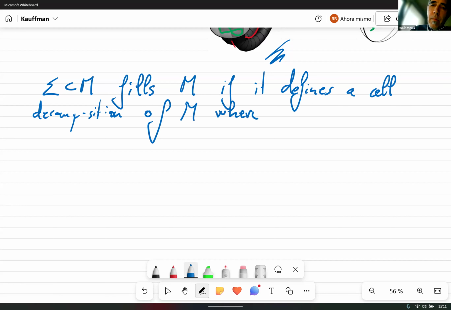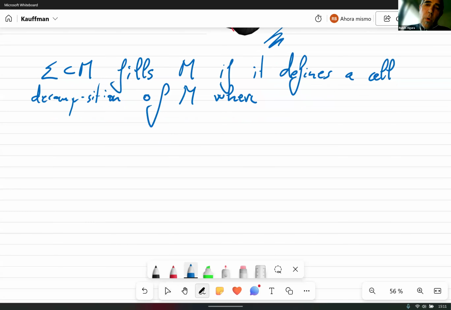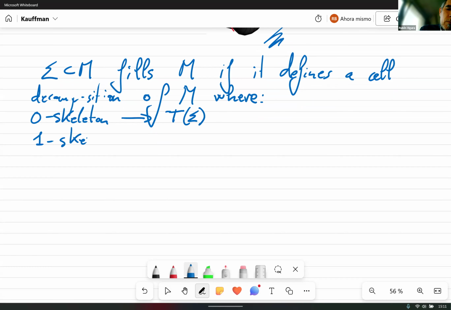sorry for my bad writing, there is a small lag here, the zero skeleton is the set of triple points. The one skeleton is the set of singularities, such as the union of the double curves.